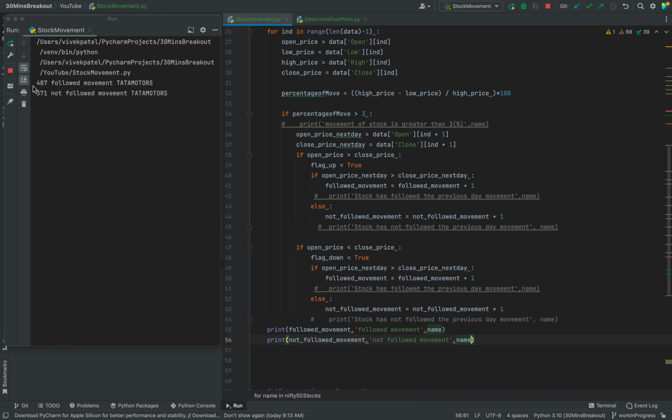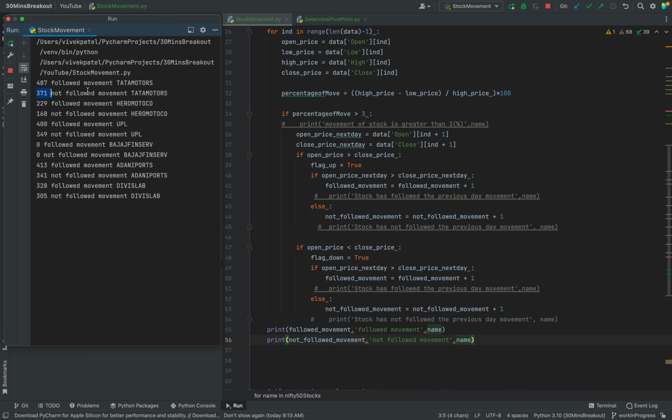So for Tata Motors, 487 times the stock has followed the movement, and 371 times the stock has not followed the movement. And same is for every stock over here.